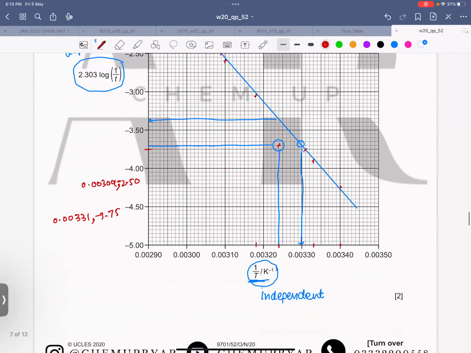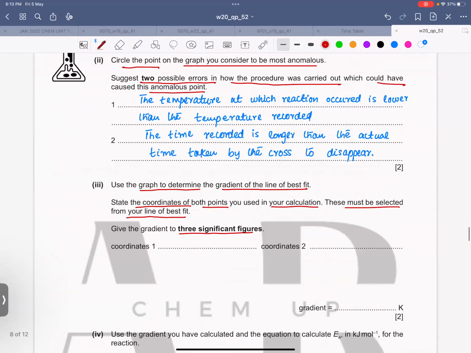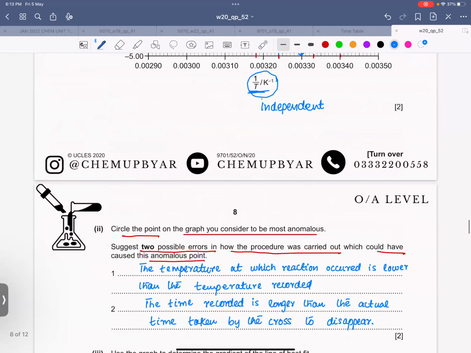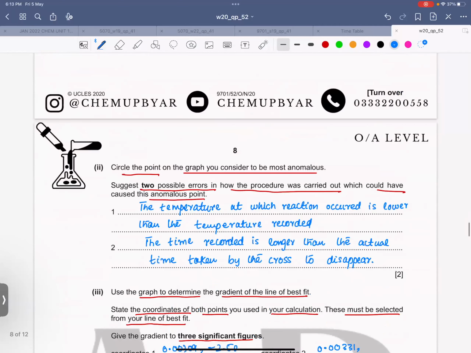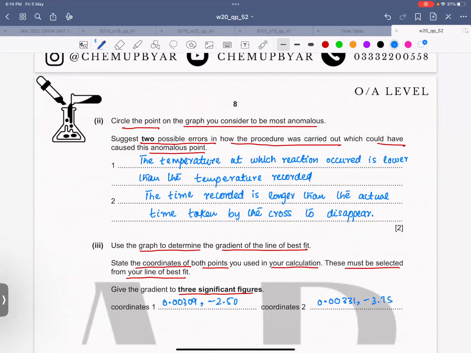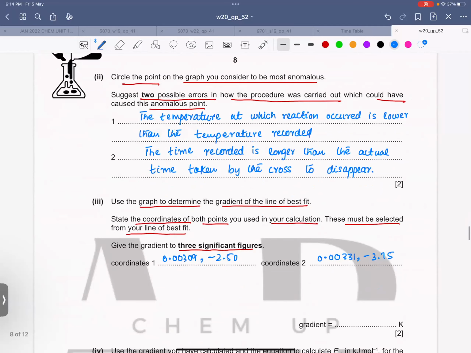So we have got the two coordinates, 0.00309 and minus 2.50, and 0.00331 and minus 3.75. Yes, can anybody calculate the gradient and tell me the answer, please?